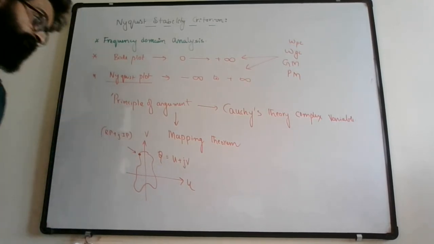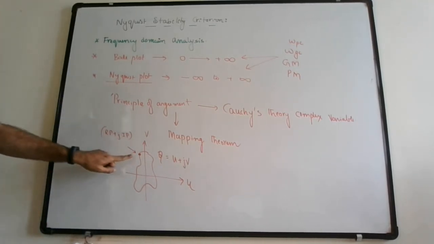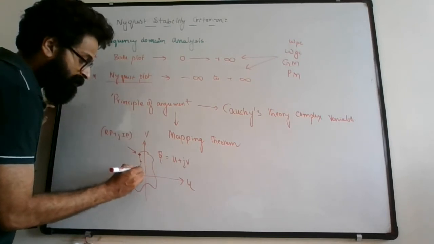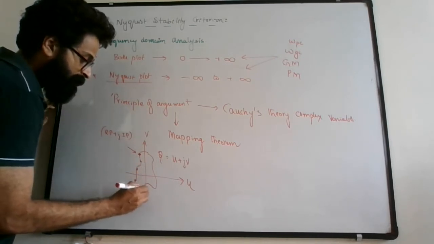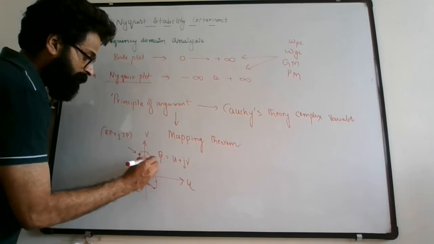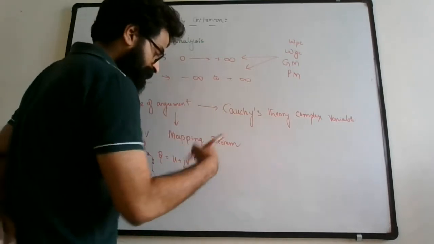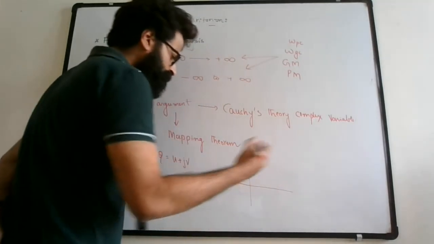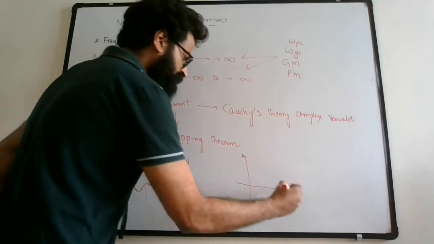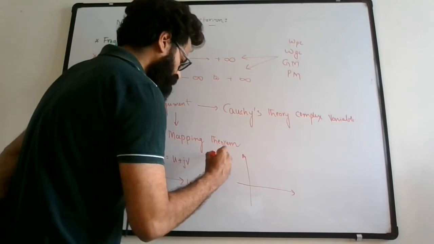So in principle of argument, we select several such points in Cartesian coordinates, and we substitute this point in some different function, let's say some P of s.